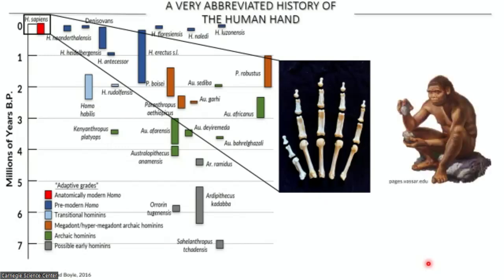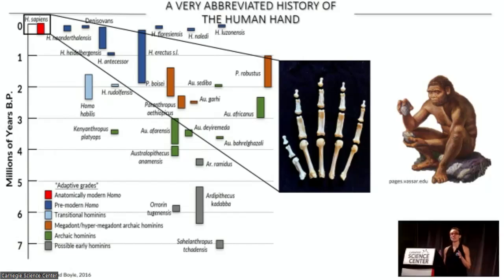So the prevailing thought is that our hands and really our entire forelimb is some combination of adaptation and exaptation to the production and the use of tools. And when I say exaptation, I mean a feature that developed for one purpose and has been co-opted and now used for another purpose.